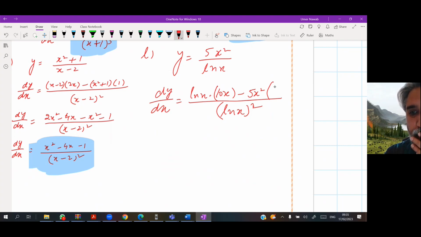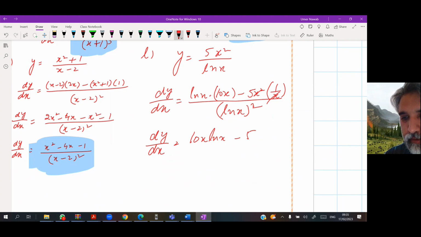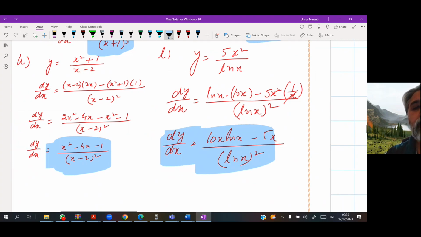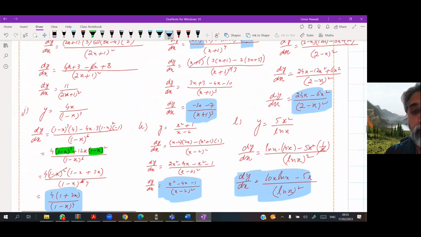And the derivative of ln of x is the reciprocal of your argument. x cancels with x, so 5x is left on the top. I think stop it here. Very good. So what we did, we practiced all the quotient rule questions.